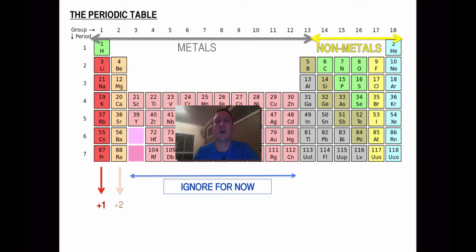However, we will touch on a couple of them later on in the course. If we go to column 13 here, we can see that these elements have 3 electrons that they can lose. So boron becomes B3+, aluminium, Al3+, etc.